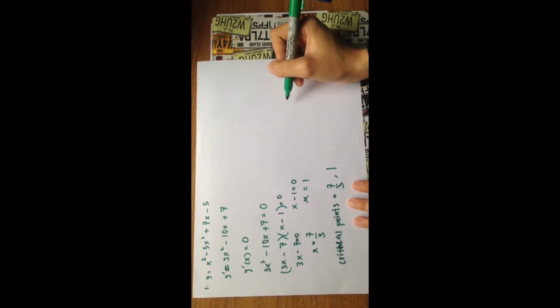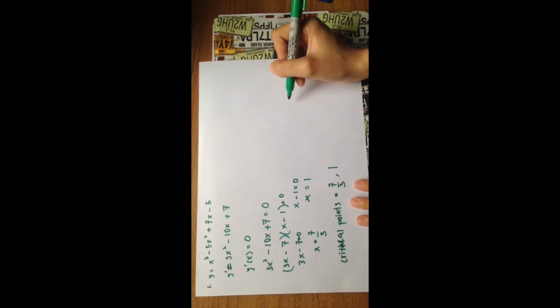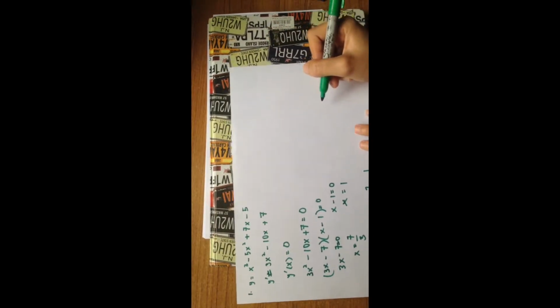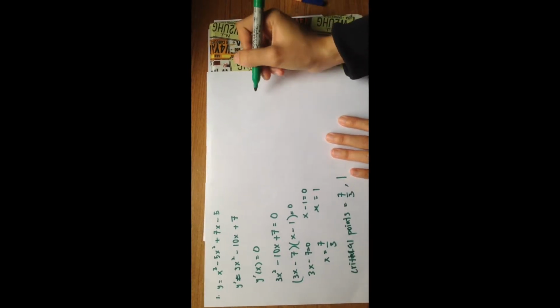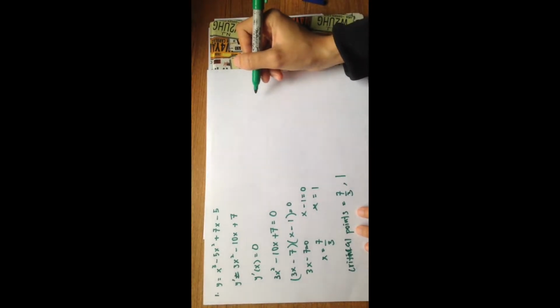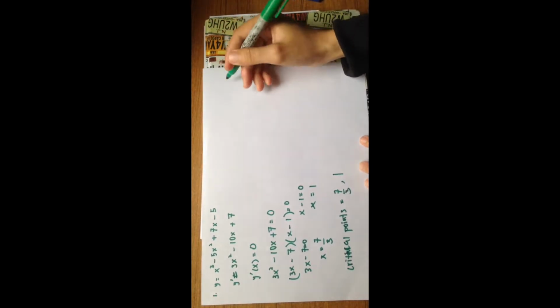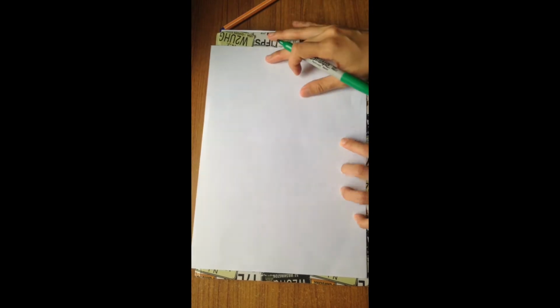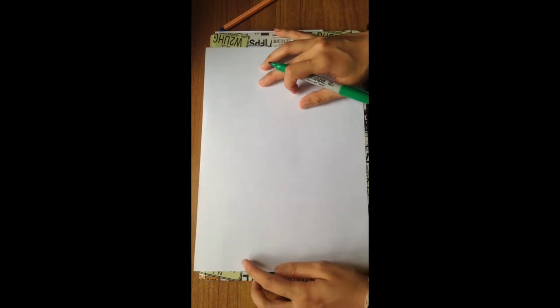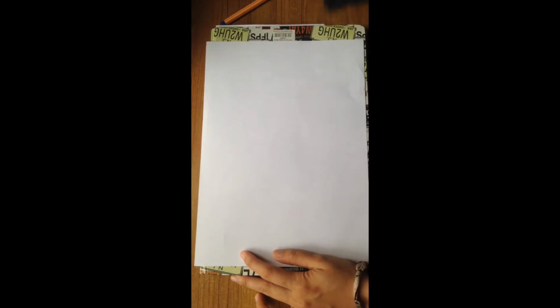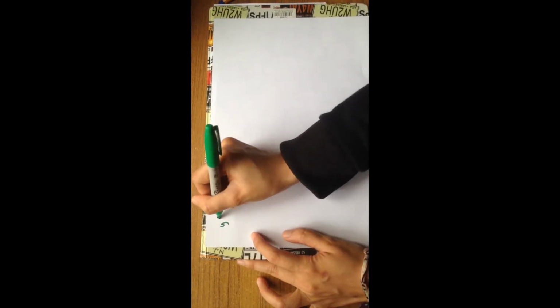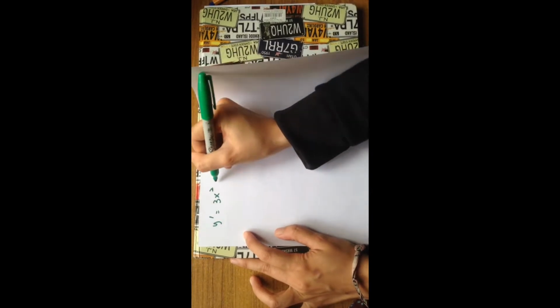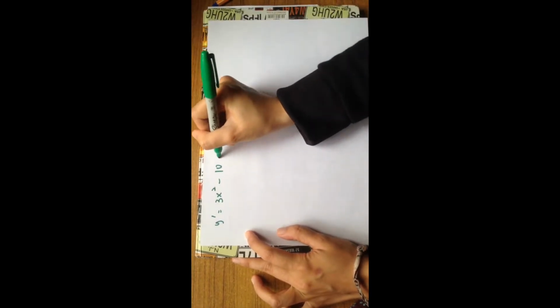So next we have to do the second derivative to check whether the point is curved upward or downward. Now the first derivative is y prime equal to 3x squared minus 10x plus 7.